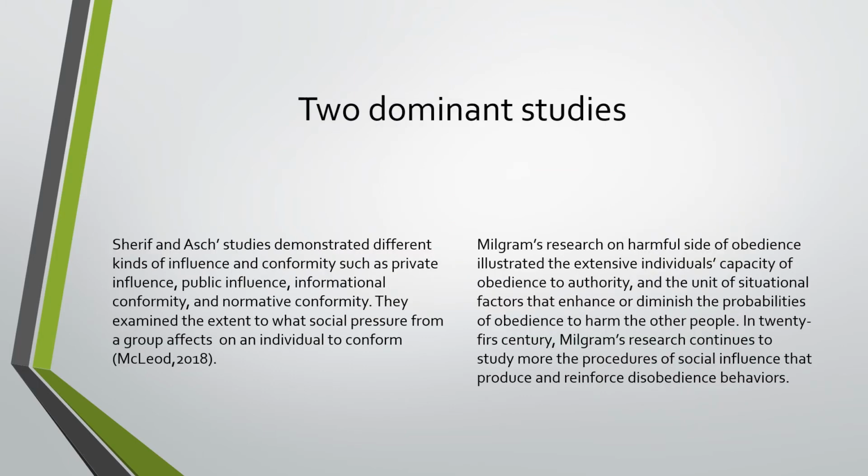Two dominant studies related to social influence. One of them is Sherif in 1935 and Asch in 1951, studies in relation to different types of conformity. Sherif and Asch's studies demonstrated different kinds of influence and conformity, such as private influence, public influence, informational conformity, and normative conformity.